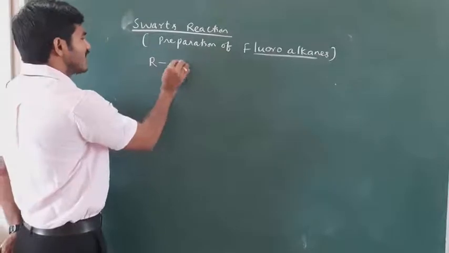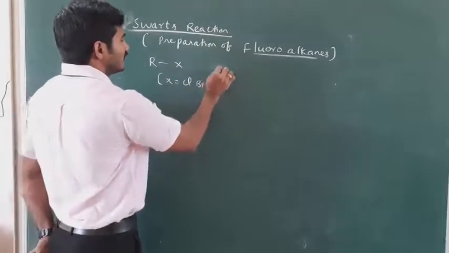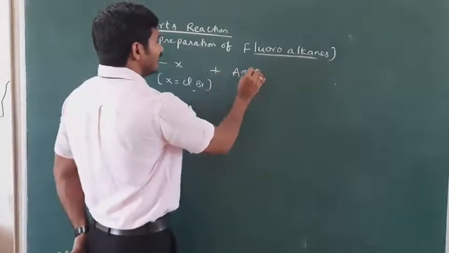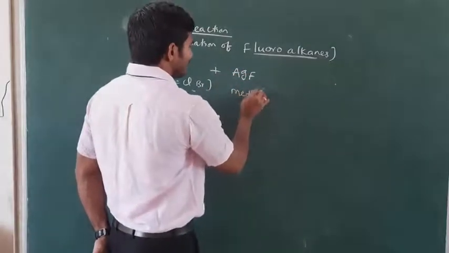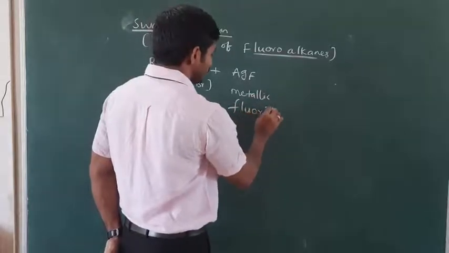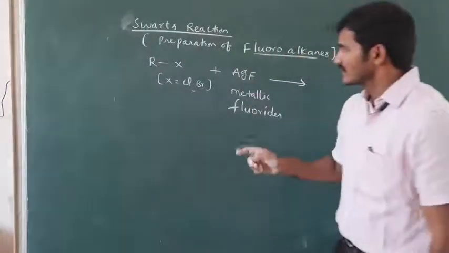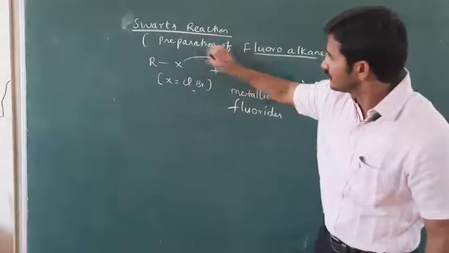The reaction is R-X, where X can be chlorine or bromine, reacting with metallic fluorides. On heating, the halogen and fluorine are exchanged.